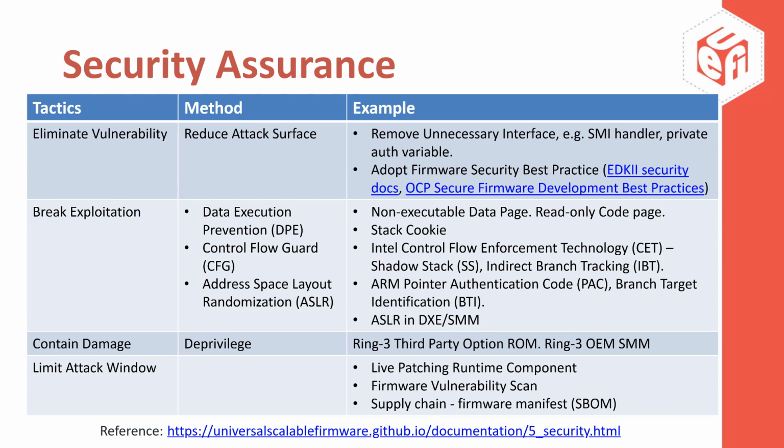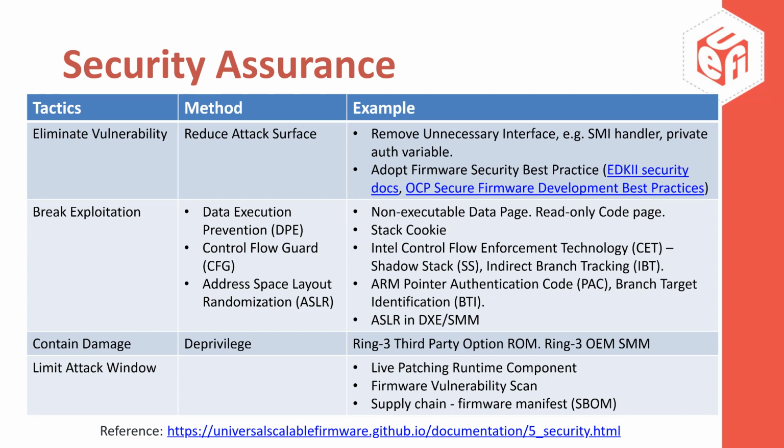In EDKII, we publish a set of security documents, including the secure guide, secure design guide, secure coding guide, and the code review guide, etc. Also, the Open Compute Project published a secure firmware development best practice. So those best practices provide some guidance for the firmware development.